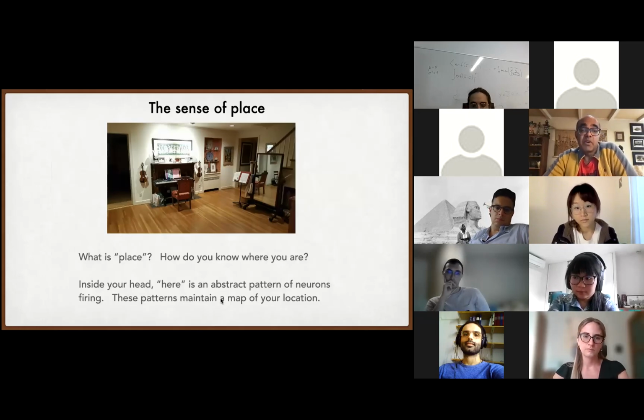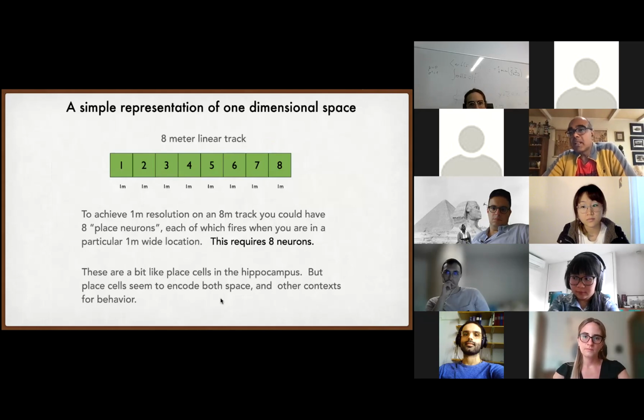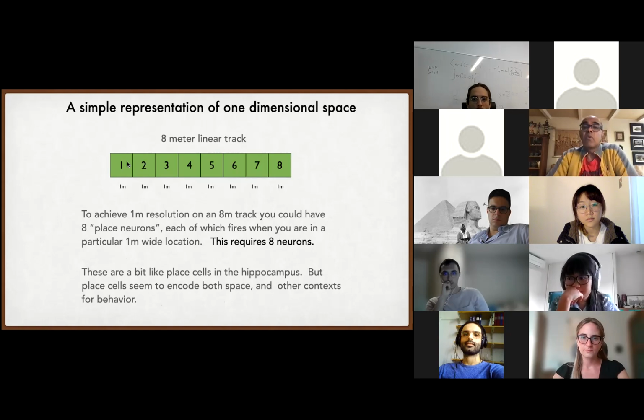So what is place? We already said that a given location inside your head is some abstract pattern of neurons firing. So suppose I now want to make an abstract pattern of neurons firing to represent space, what could I do? Let's suppose the world was an 8-meter linear track, and because of the behavioral requirements, you needed a resolution of 1 meter within this track to support what you need to do in the world.